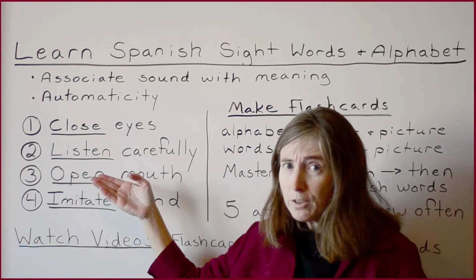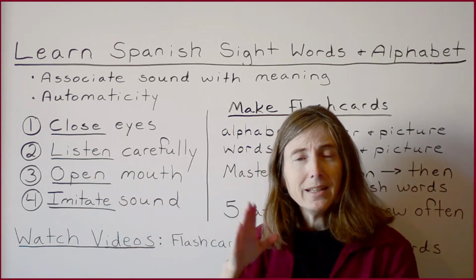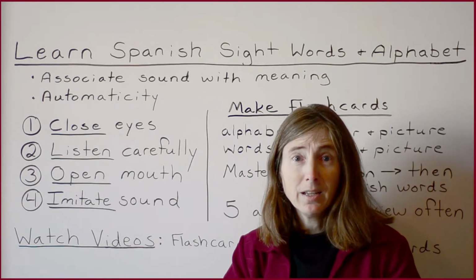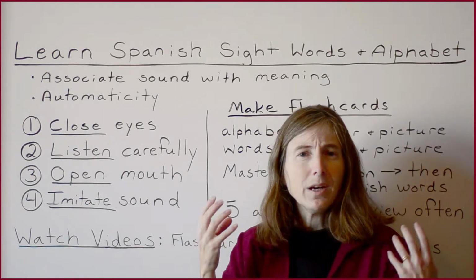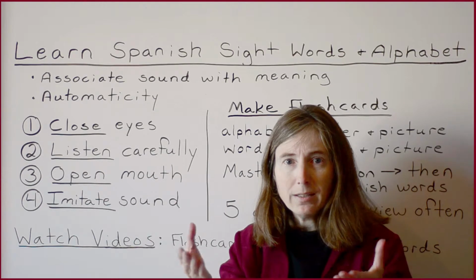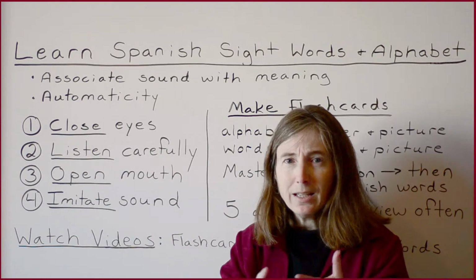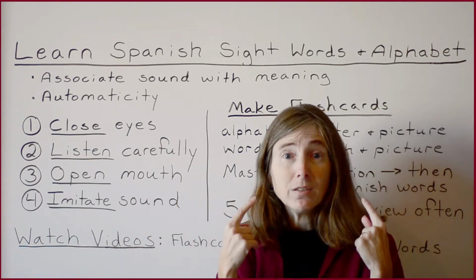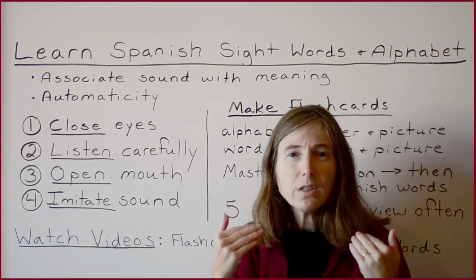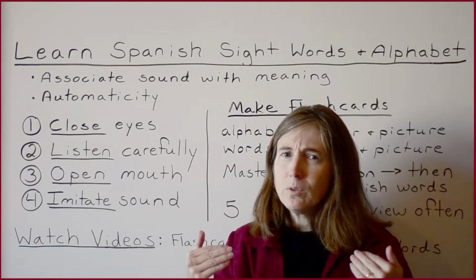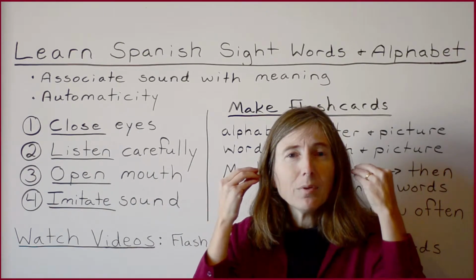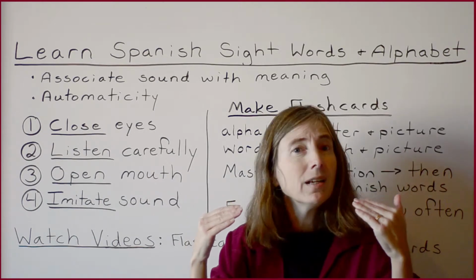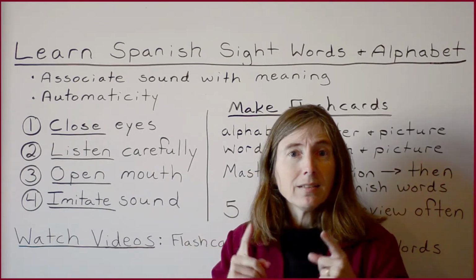The first thing we're going to do when we're trying to learn the alphabet and sight words in Spanish is close our eyes, because we have gotten so used to using our eyes and visually reading and taking visual cues that it blocks out the listening skills that we used as an infant. So we're closing our eyes at first to really enable our minds to focus in on the listening. Okay, so closing the eyes helps you focus on listening.